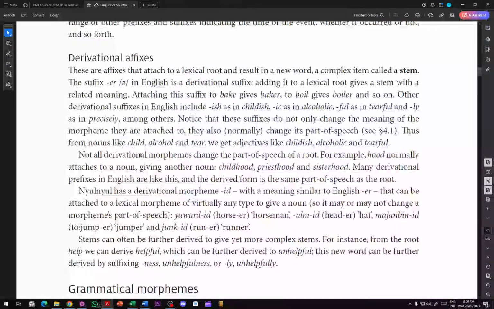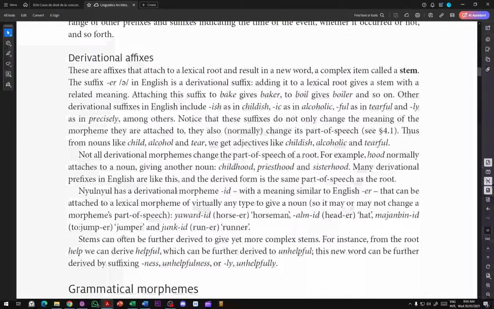Not all derivational morphemes change the part of speech of a root. For example, -hood normally attaches to a noun giving another noun: childhood, priesthood, sisterhood. Many derivational prefixes in English are like this, and the derived form is the same part of speech as the root.